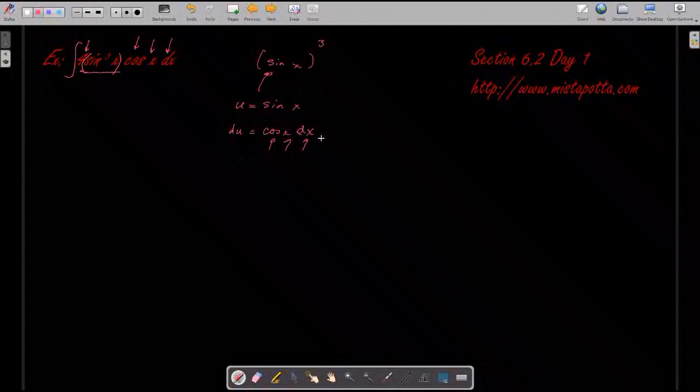So if cosine x dx is equal to 1 differential u, then 4 times the cosine of x dx would be equal to 4 differentials of u. So now if I actually rewrite this, this becomes the antiderivative of 4u cubed du.